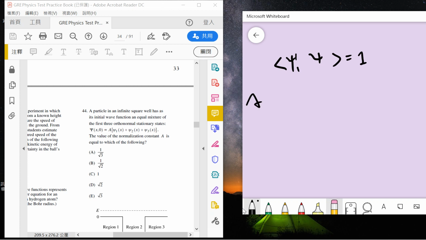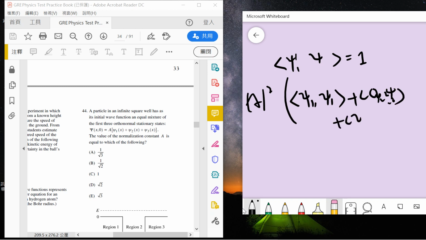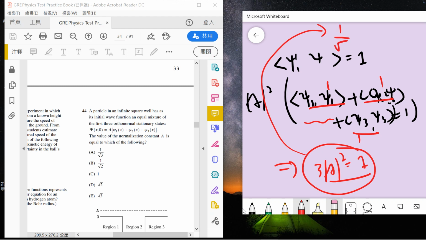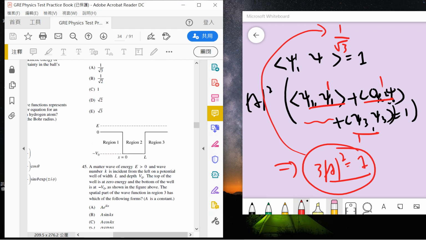So A squared times phi 1 plus phi 2 plus phi 3 is 1. And then each of these is 1. This tells you that 3A squared is 1. And the cross terms vanish because phi 1 and phi 2 are orthogonal. So the answer is 1 over the square root of 3. The answer is A.